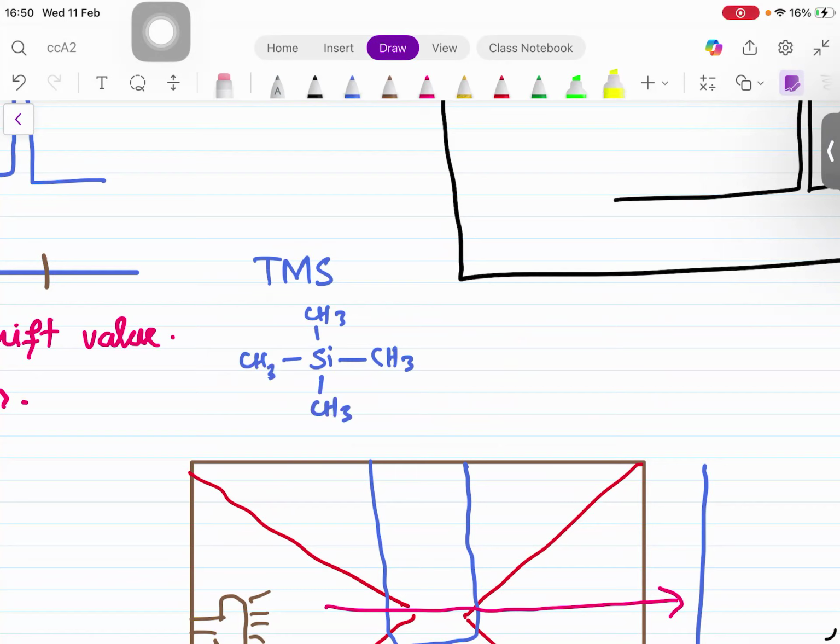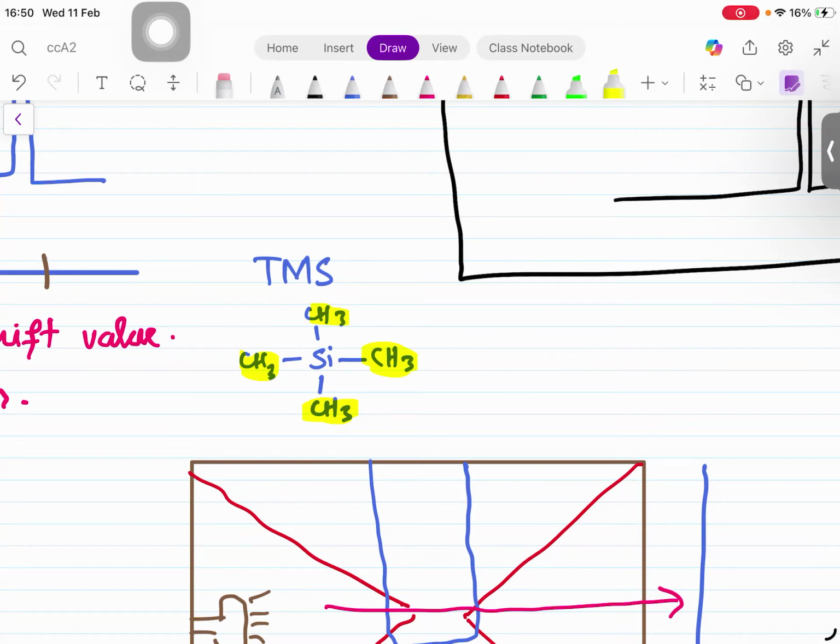So if you look at the chemical environment, CH3, who is the neighbor of CH3? No, silicon. Who is the neighbor of this CH3? All these 12 hydrogens, they contribute to one peak. And because of being neighbor of silicon, which is a unique atom, not normally found in organic chemistry, they give a unique peak from all other organic compounds.